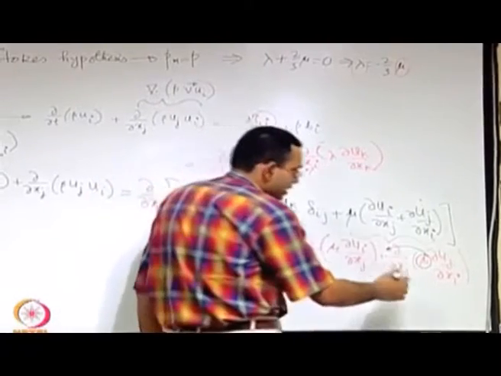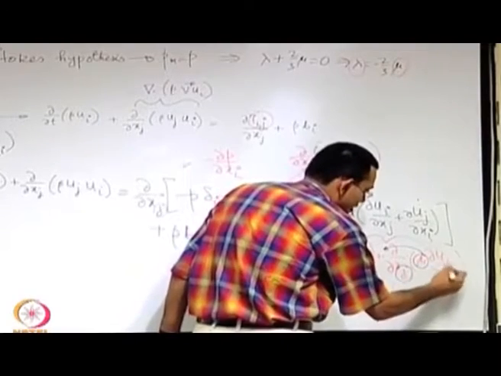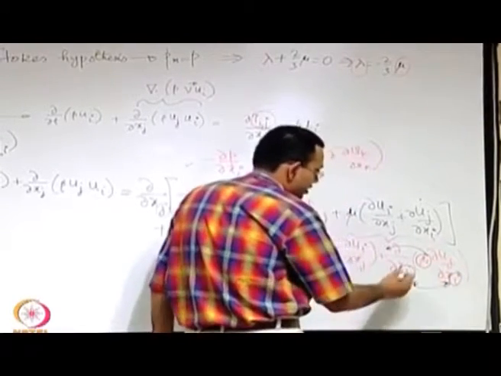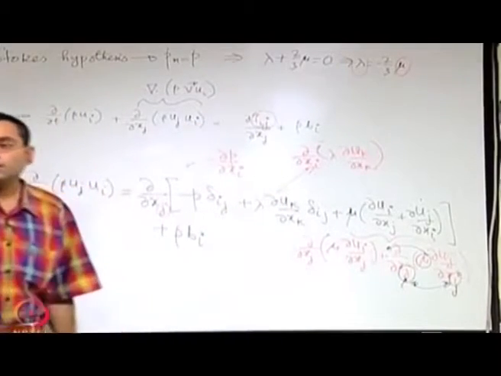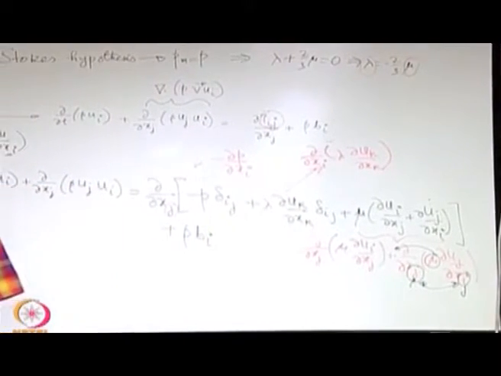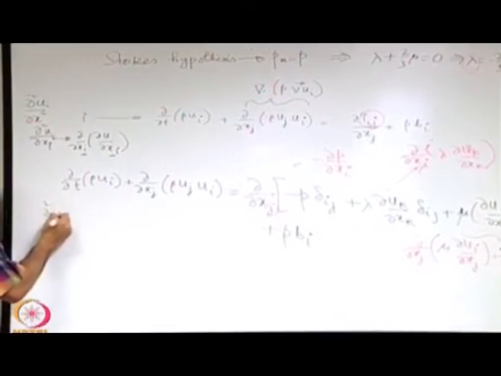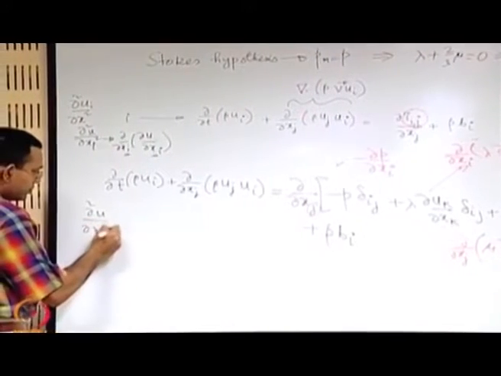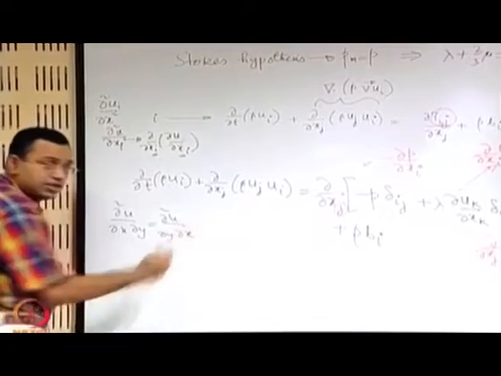Now, it is possible to switch over these derivatives, that is you may have i here and you may have j here. Why? Because of the continuity of the second order partial derivative. If the second order partial derivative is continuous, you can write this as this one.